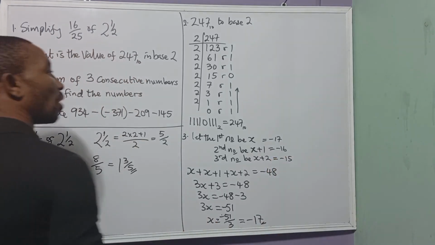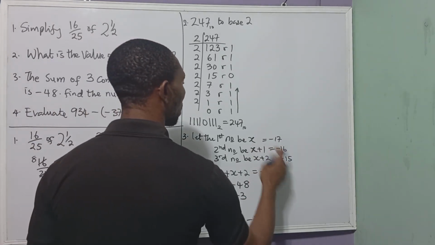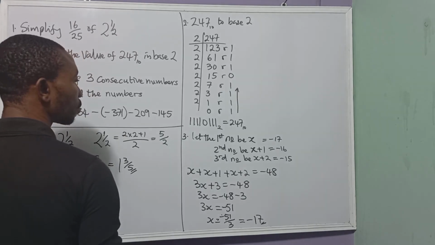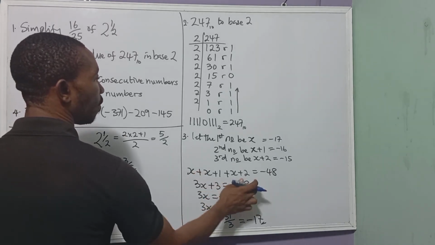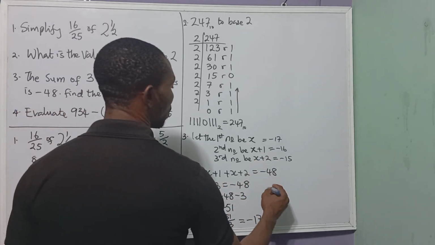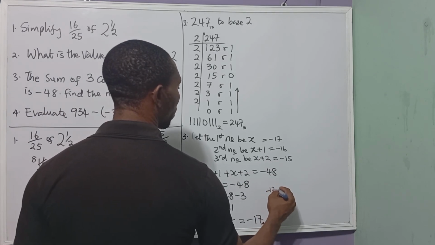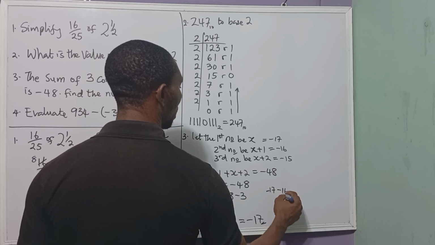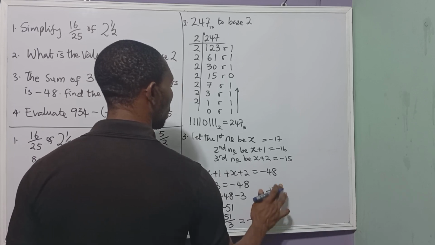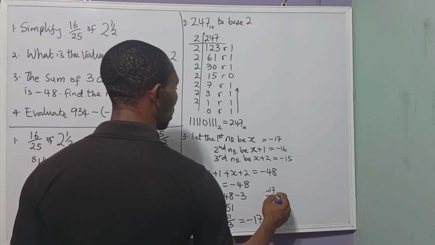So these three numbers. Now let's check if these three numbers give us minus 48. We have minus 17 minus 16.